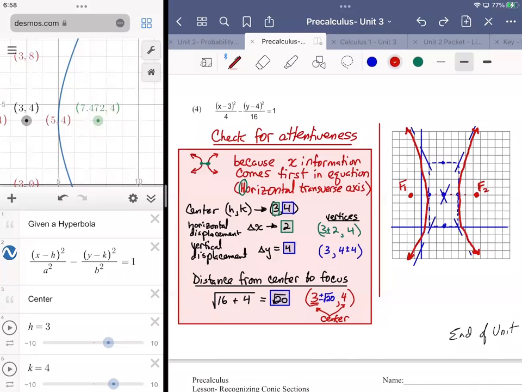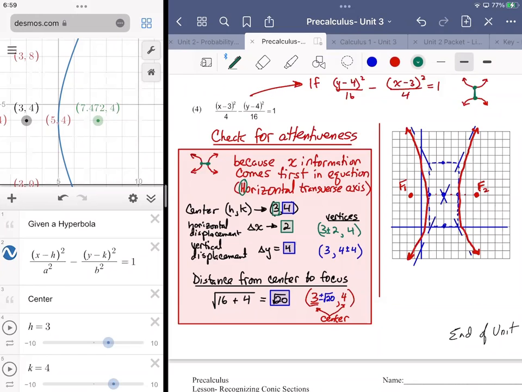Now, I'd be remiss if I didn't mention this, but I don't think it warrants going over a unique problem just to get this point across. If this were reversed, so I'll jot it out real quick: y minus 4 squared over 16 minus x minus 3 squared over 4 equals 1, the only thing that would change is that it would open upward and downward rather than outwards, which would cause the transverse axis to be vertical.